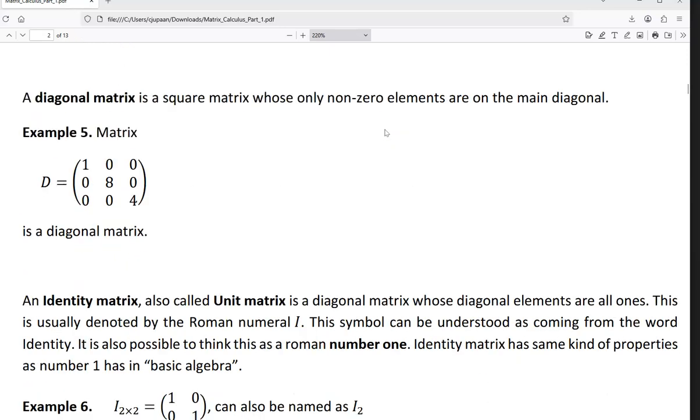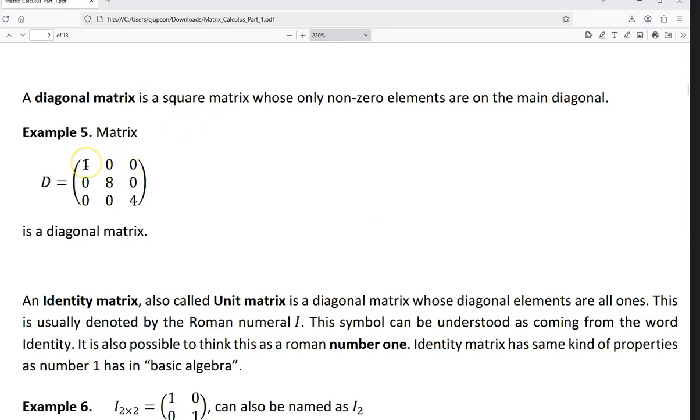Yes, and the concept of a diagonal matrix. I would say that is a kind of matrix which has only zeros inside of it, and the only elements that are not zero are located in the main diagonal.